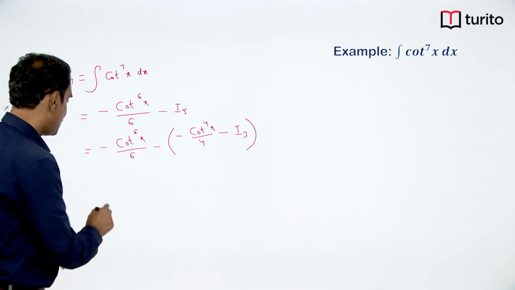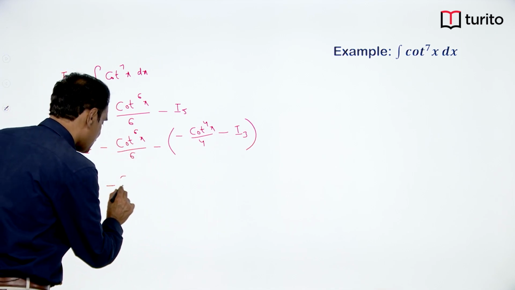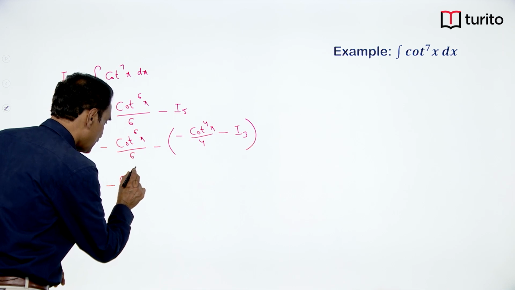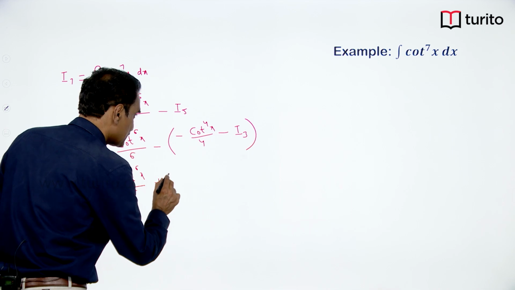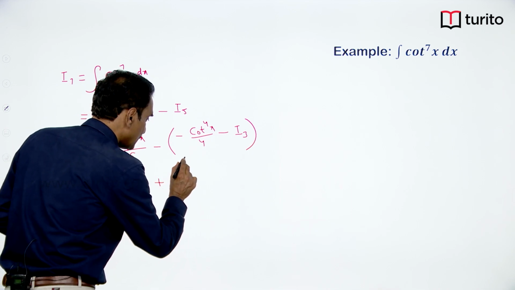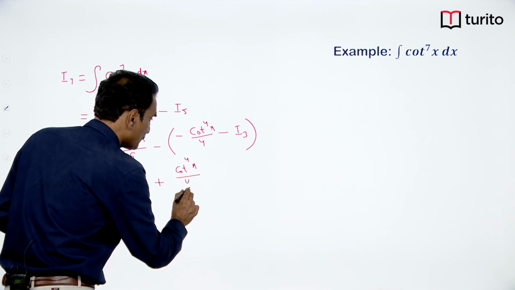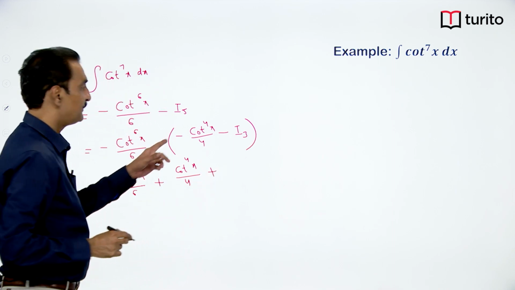Now, first is minus cot power 6x by 6 plus cot power 4x by 4 plus I3.